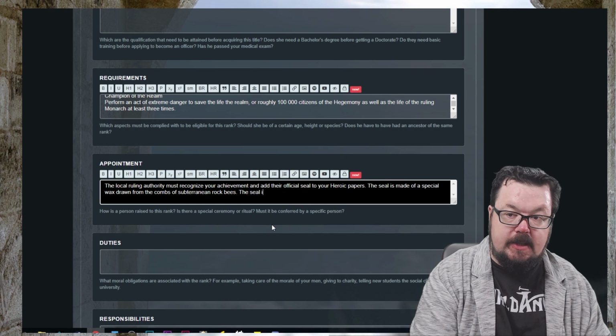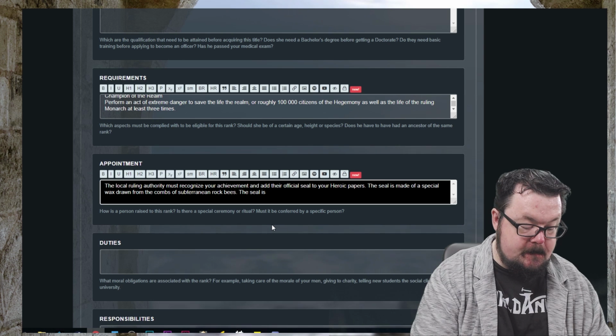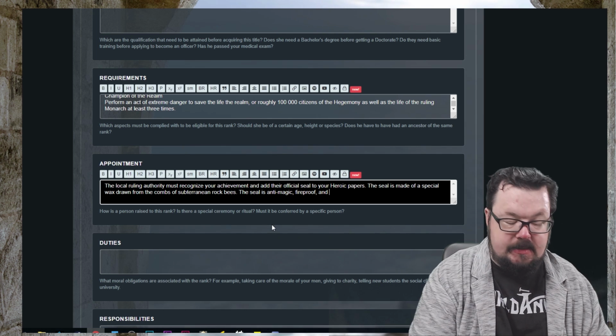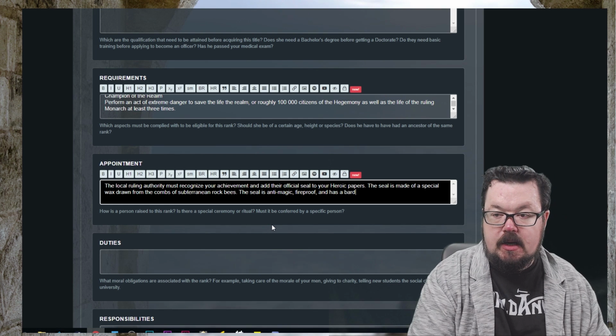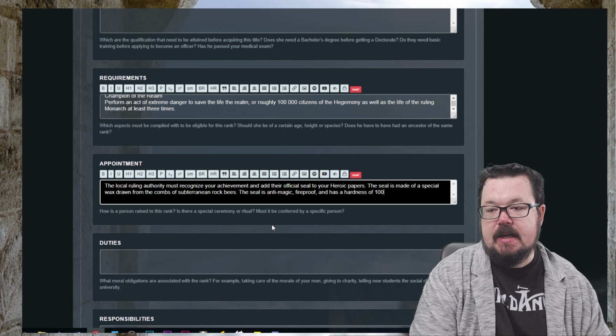The seal is anti-magic, fireproof, and has a hardness of 100 because you can't break it.